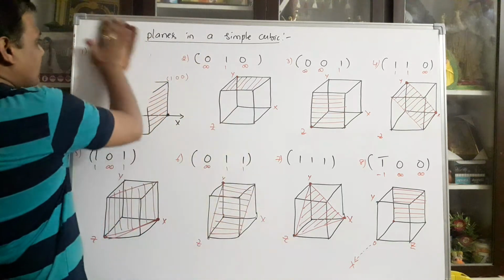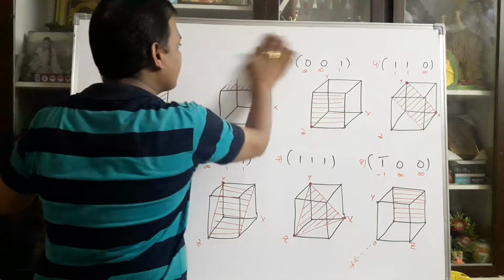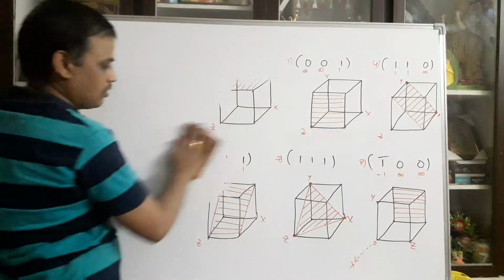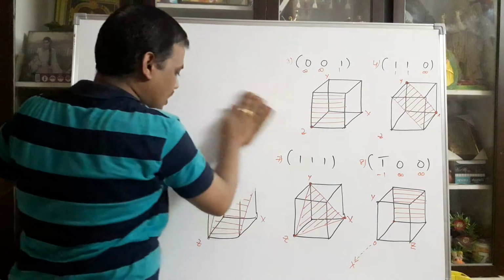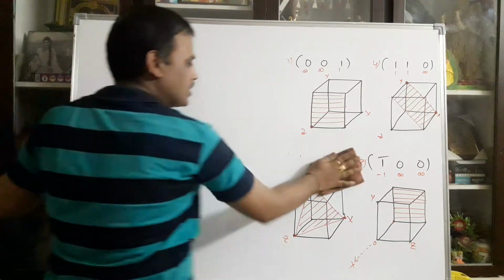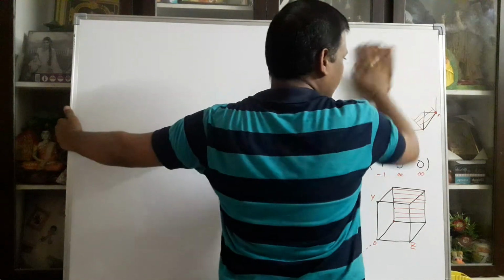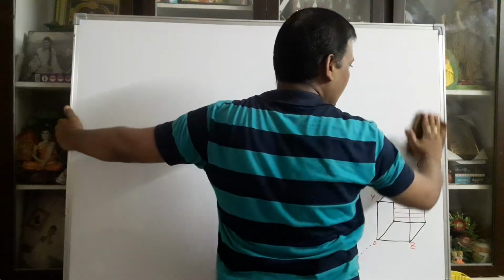So the last topic in unit 1, first chapter. How many chapters are there in unit 1? There are 2 chapters. Of the 2 chapters, today we are completing the first chapter.